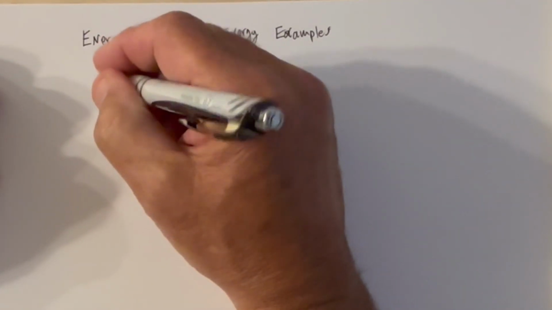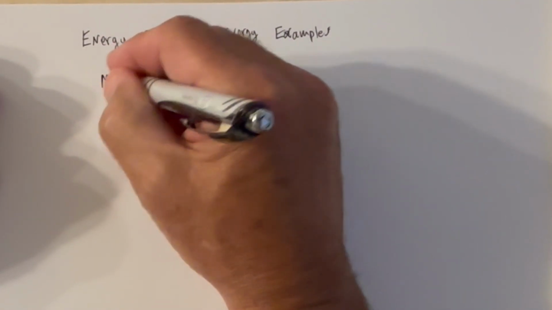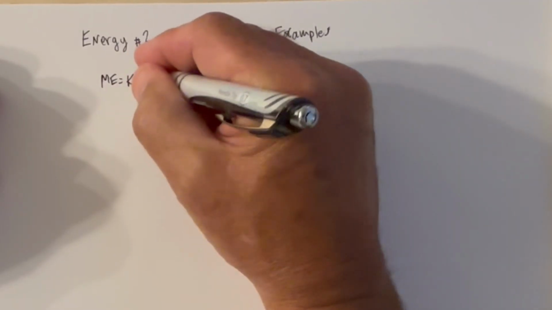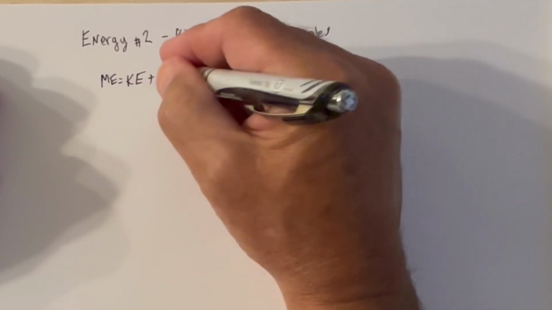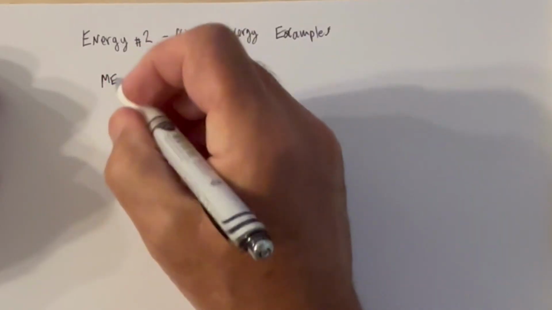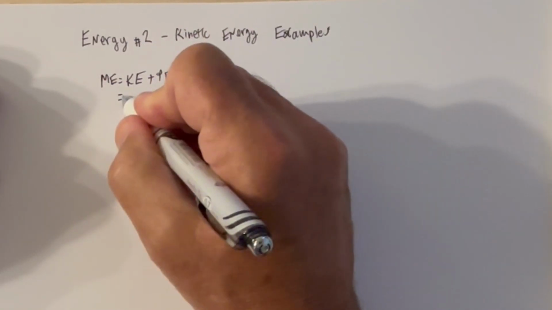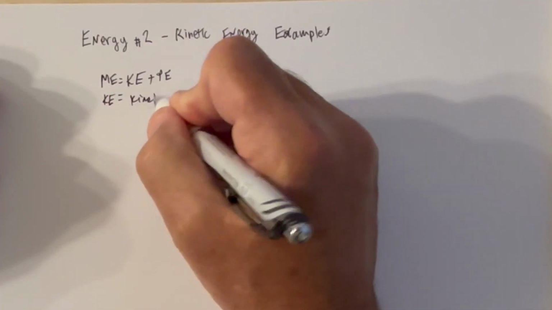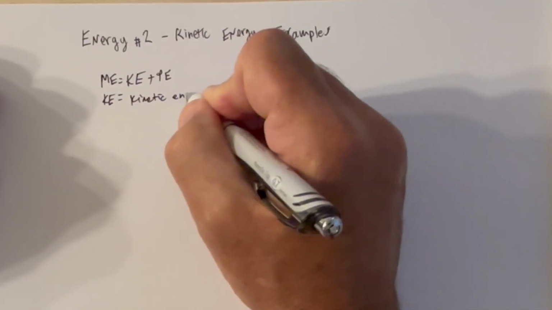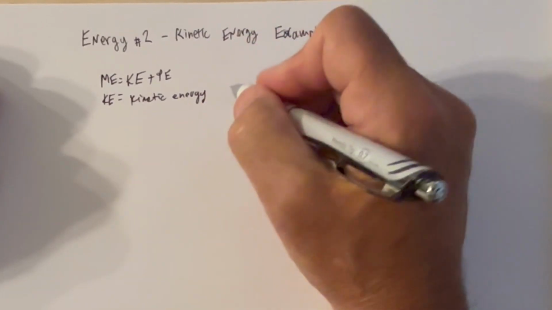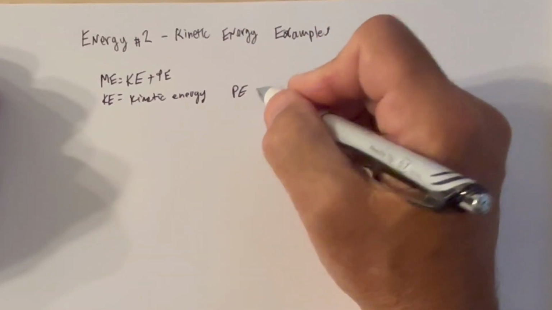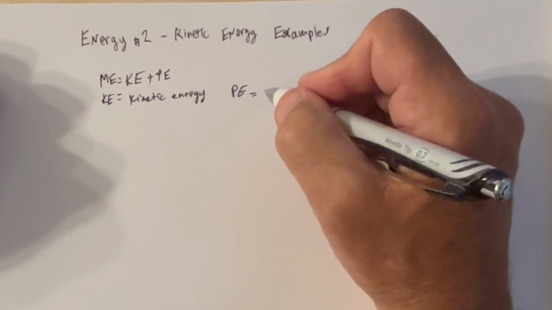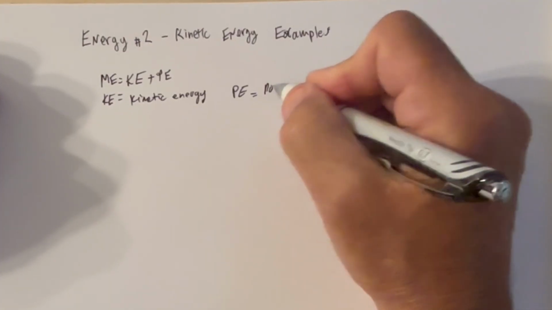Previously, we know that mechanical energy can be broken down into kinetic energy plus the potential energy. The kinetic energy is where a system is in motion, and the potential energy has to do with gravity, the gravitational potential energy.